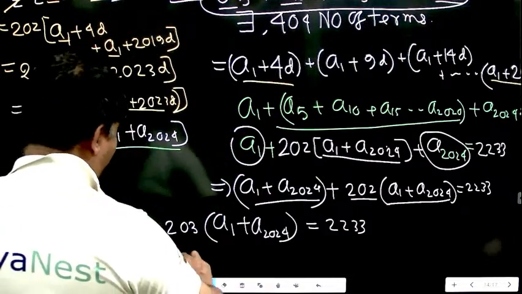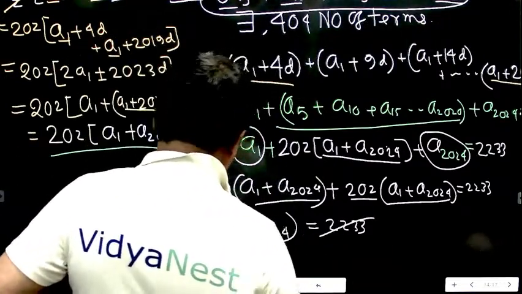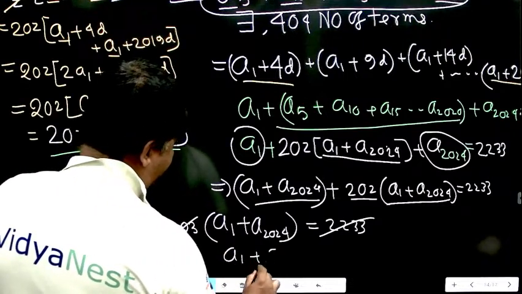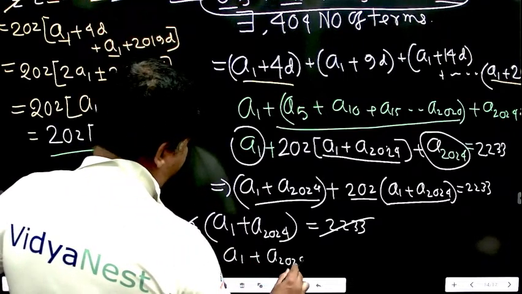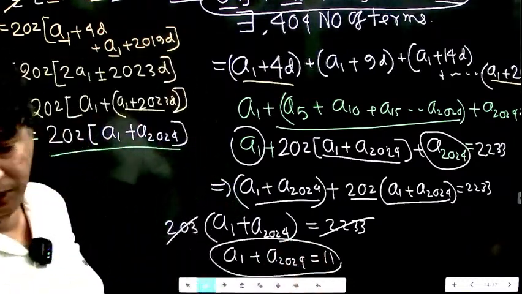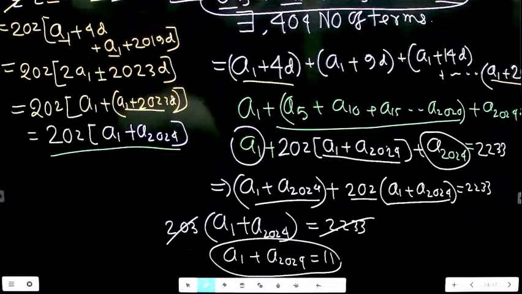See, if I cancel it, 11. A1 plus A2024 is 11. So this value we have got. Okay. Okay, sir.